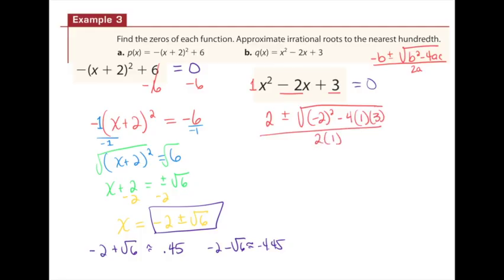All right? Then I'm just going to use order of operations. Negative 2 squared is 4. Negative 4 times 1 times 3, negative 12, all over 2. All right, 2 plus or minus 4 minus 12 is negative 8.